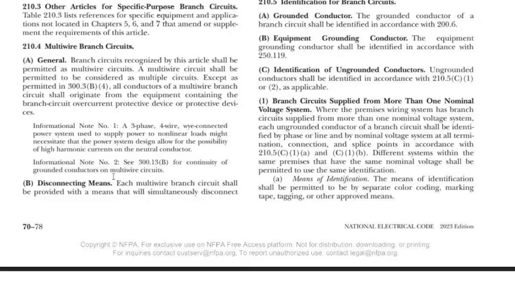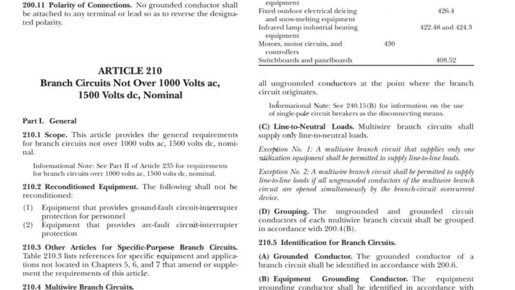So what this note is saying is each multi-wire branch circuit shall be provided with a means that will simultaneously turn off all of those hot conductors that you are using in your multi-wire branch circuit, simultaneously meaning at the same time at the panel. Again, at the point where the branch circuit originates. Again, we should just call it a panel.